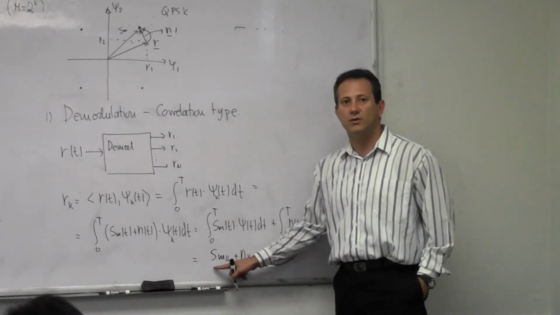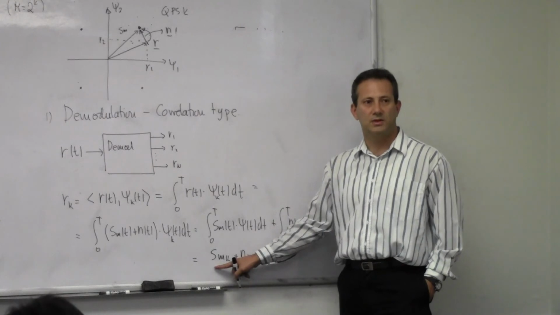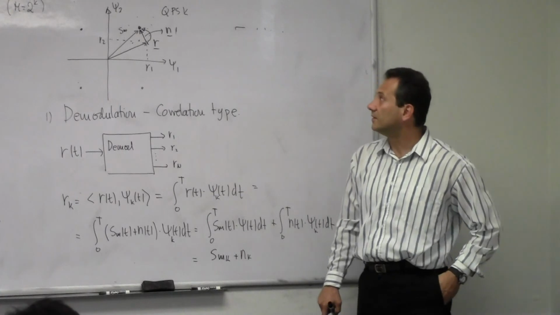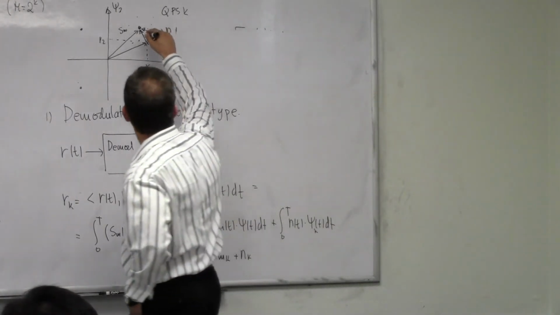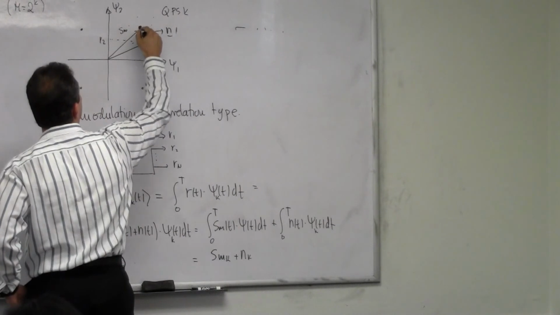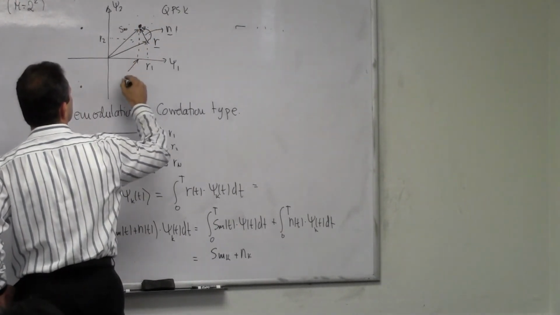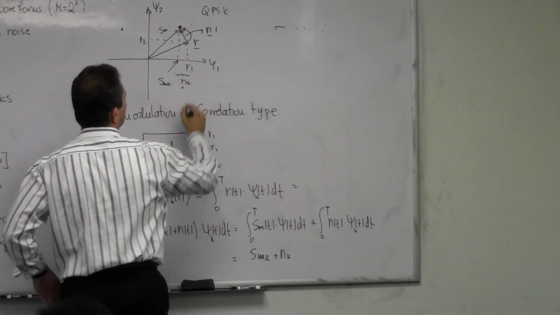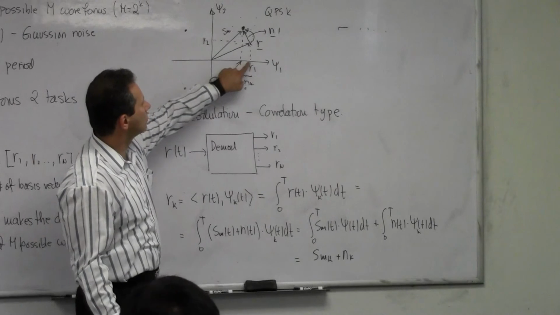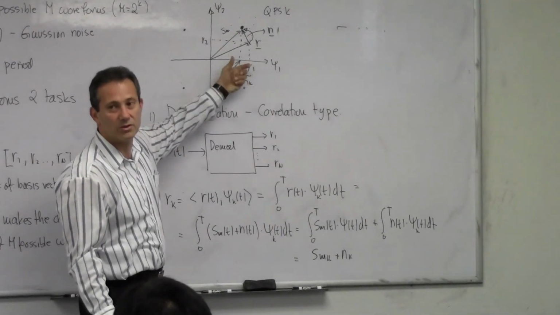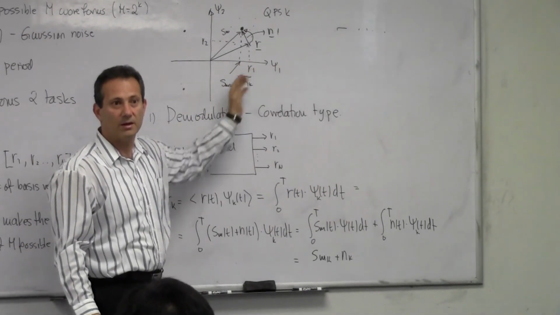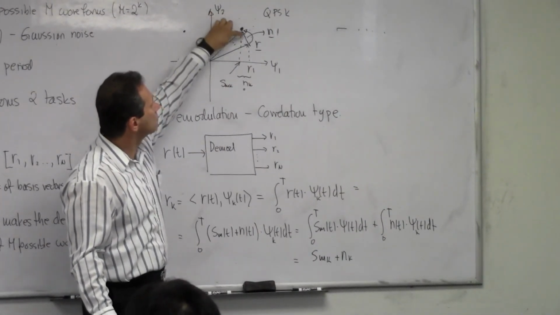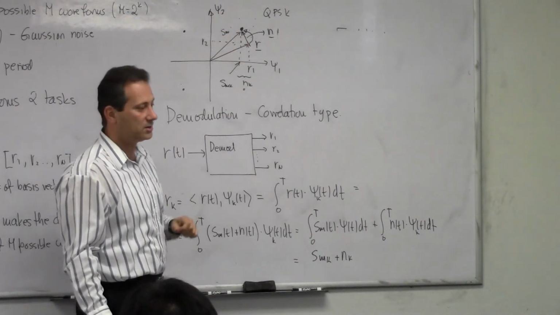So this is my coordinate of the symbol along this particular vector, and this is the noise that exists along this particular vector. In this case, if you look at it, this one here has a coordinate over here. This is SmK. And what is this difference here? This is nK. This is the noise that turned this coordinate into this R1, right? So the noise is going to have a component along the psi 1, and a component along the psi 2, which resulted in an offset of this point into what has actually been received.